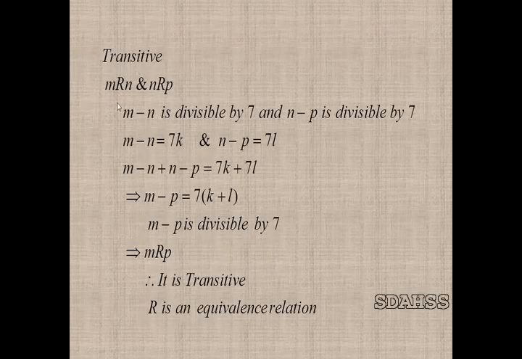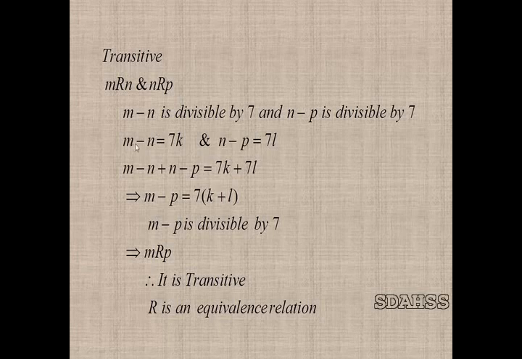Transitive means m is related to n and n is related to p. M is related to n means m minus n is divisible by 7. And n is related to p means n minus p is divisible by 7.